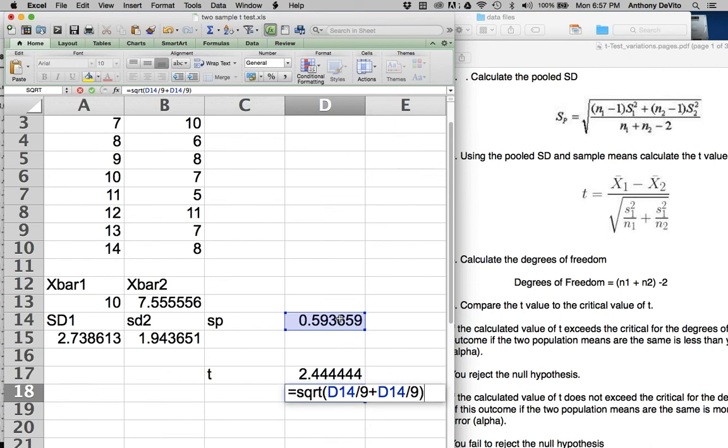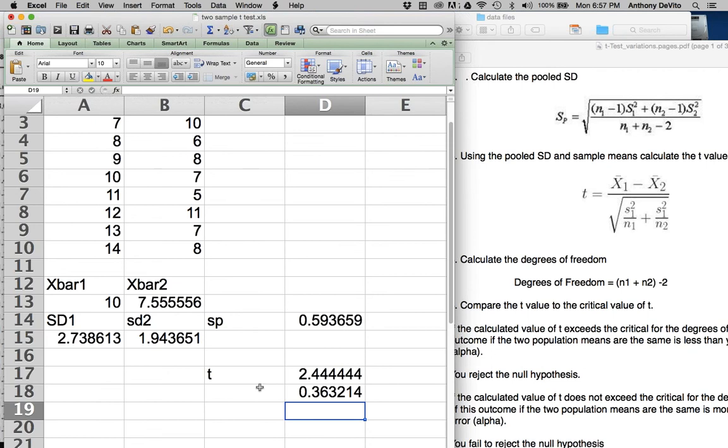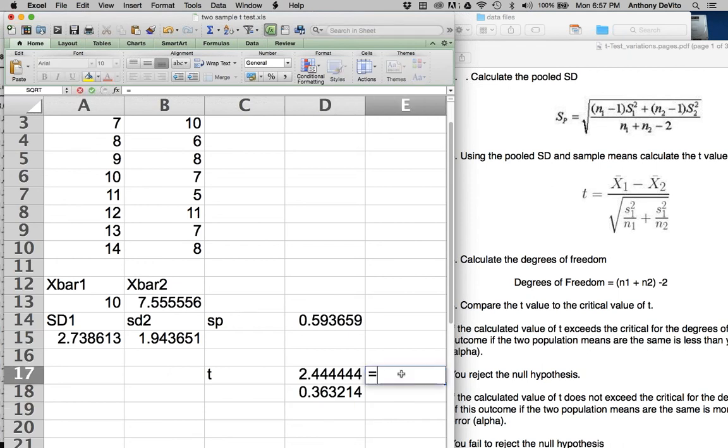Okay, and I'm going to hit enter. And so my t-score is going to be equal to the numerator divided by the denominator. It's going to be equal to 2.44 divided by 0.36, and it's going to be equal to 6.73. Now I'm going to check that in a second. Obviously, that t-score suggests that there's very little chance that these two are from the same population.